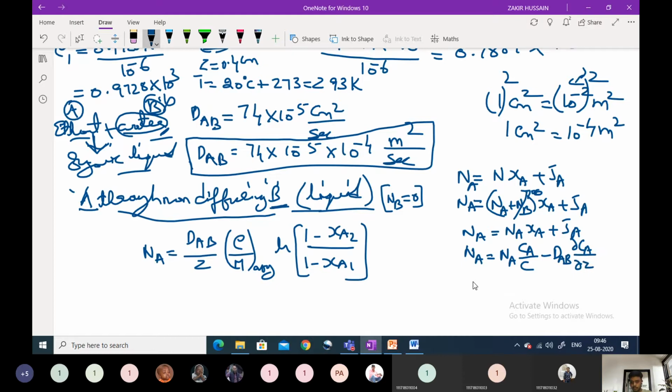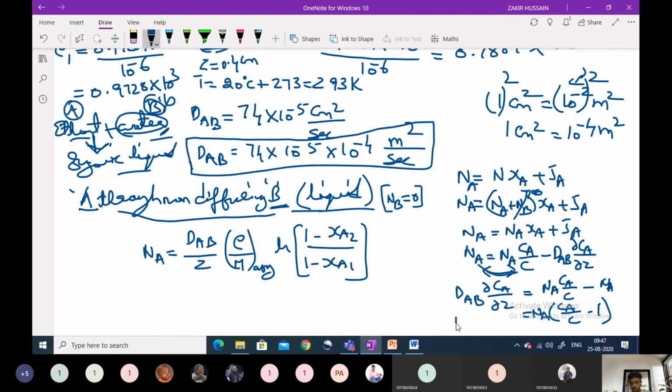So we can just interchange the variables. We can send all these variables to the LHS, and take this variable to this side to avoid the minus. So DAB dou Ca by dou Z is equal to NaCa by C minus Na. Here we can take Na common: Na into Ca by C minus 1.